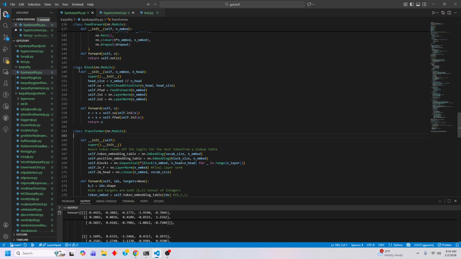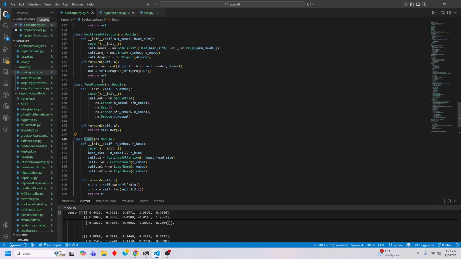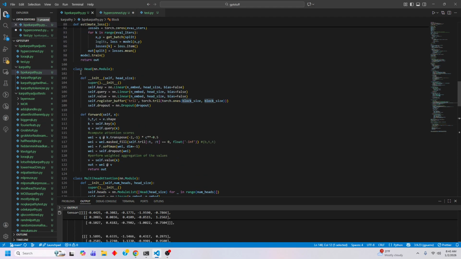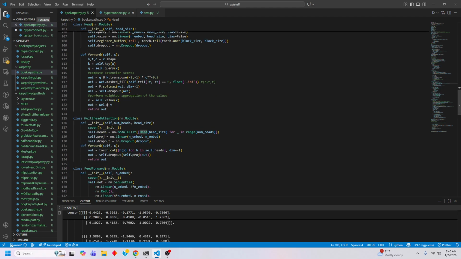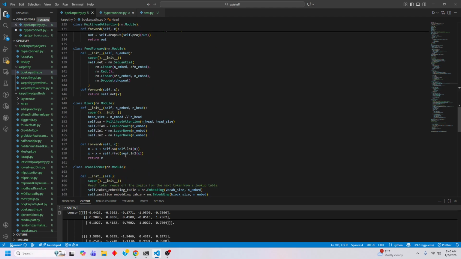But I got rid of everything: block, feed forward, multi-head attention, and head. So from head down to block.